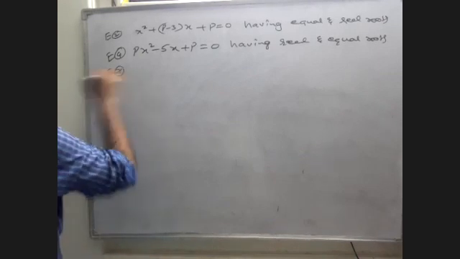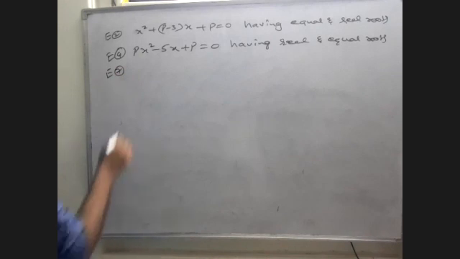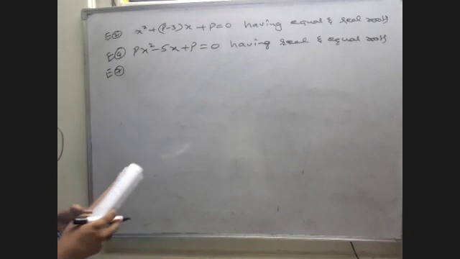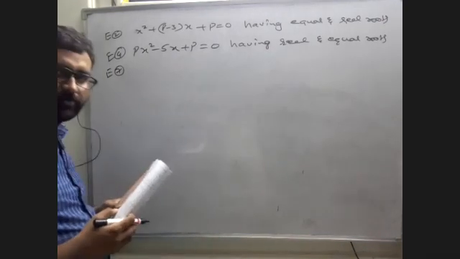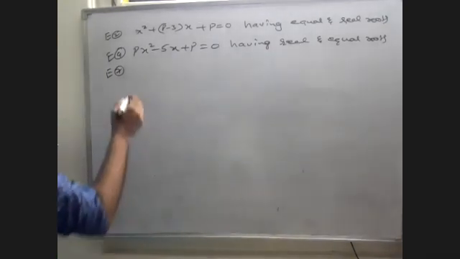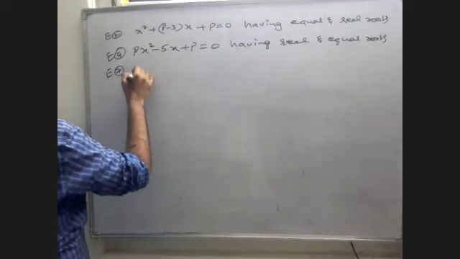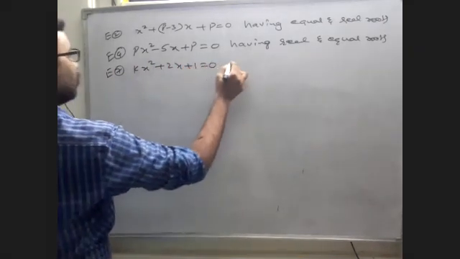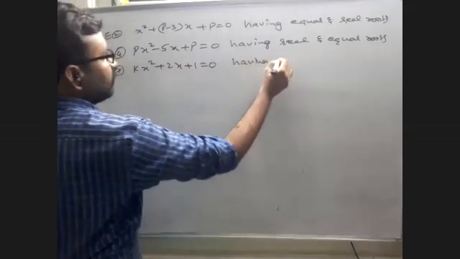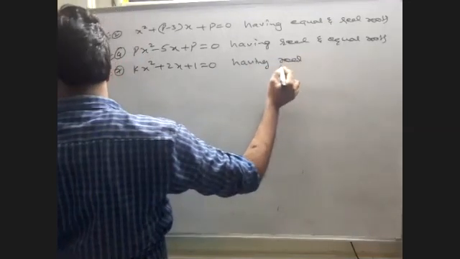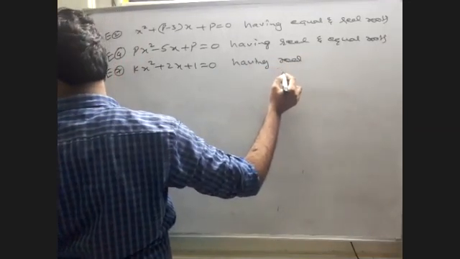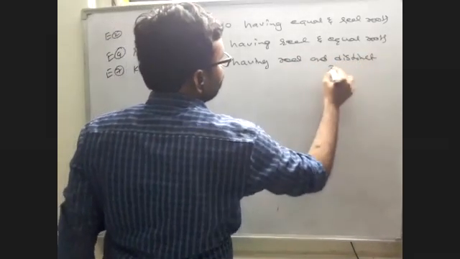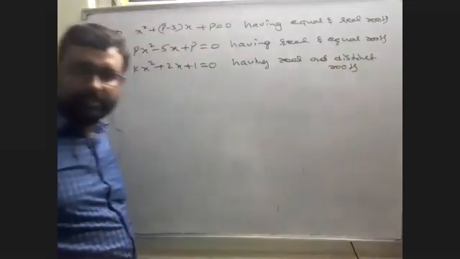Example 7. Find the set of values of K of the equation Kx square plus 2x plus 1 equal to 0 having real and distinct roots.